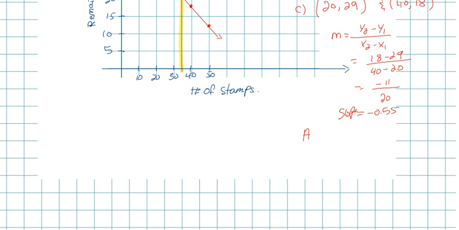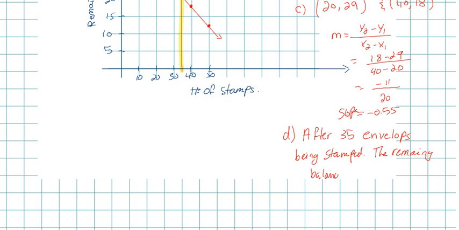So after 35 envelopes being stamped, the remaining balance is about $20.